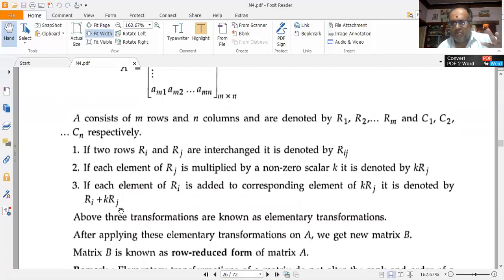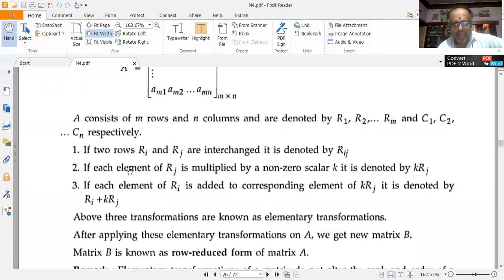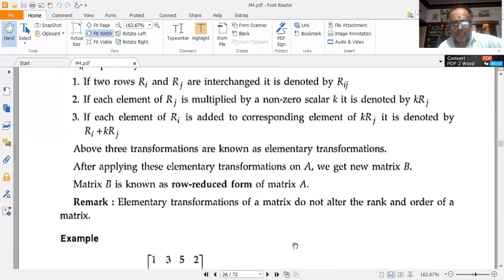It can be a positive integer, negative integer, or a positive or negative fraction, or decimal number also. Now, if each element of Ri is added to the corresponding element of k Rj, then it is denoted by Ri plus k Rj. So these three transformations that we have outlined here are referred to as the elementary transformations.